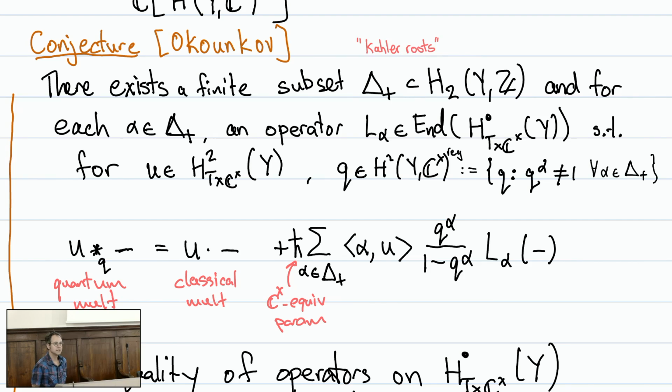Do you have an explanation for the name Kähler roots? Kähler roots. So Okounkov has this philosophy that symplectic resolutions are the Lie algebras of the 21st century. You might have heard this quote before. I think I've probably said it more than Okounkov said it, because I say it all the time because I think it's entertaining.